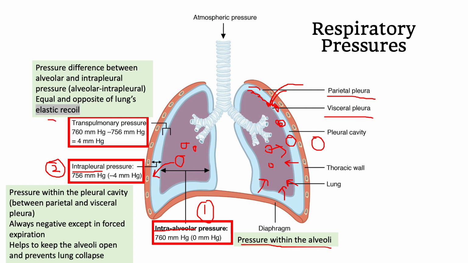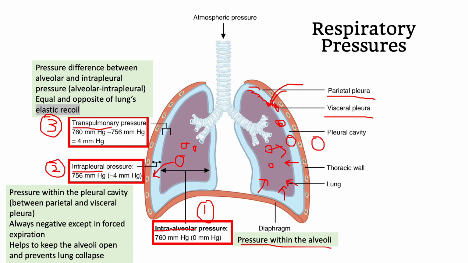The third pressure that you need to know is the transpulmonary pressure. Transpulmonary pressure is basically the pressure difference between the alveolar and intrapleural pressure, meaning alveolar pressure minus intrapleural pressure.